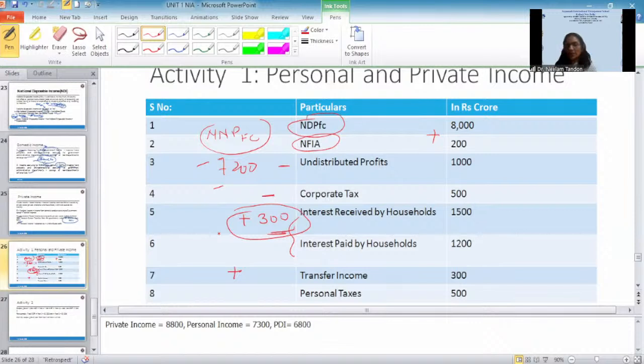In personal income, you will add corporate tax and you will add undistributed profits. You will get private income. So from personal income to private income, you have to add corporate income. What is corporate income? Undistributed profits and corporate tax. So what's the value you get here?